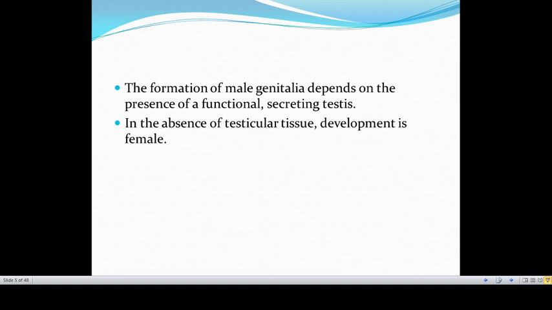The differentiation of the primitive gonads into testes or ovaries in utero is genetically determined in humans, but the formation of male genitalia depends on the presence of a functional secreting testes. Therefore, in the absence of testicular tissue, development is female.